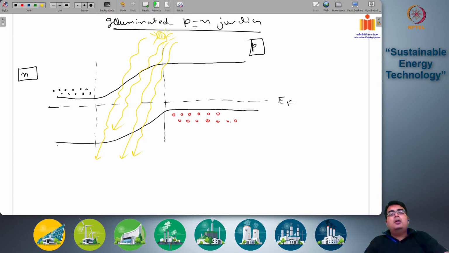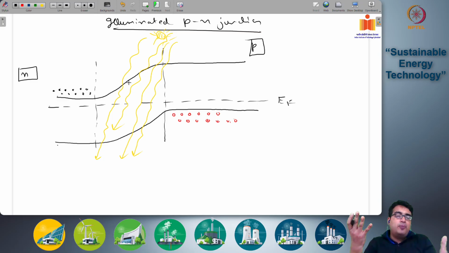Now the valence band has a lot of electrons. Okay. What will happen is some of these electrons will absorb the photons coming from the sunlight and hence get promoted, will have enough energy to jump from the valence band to the conduction band.